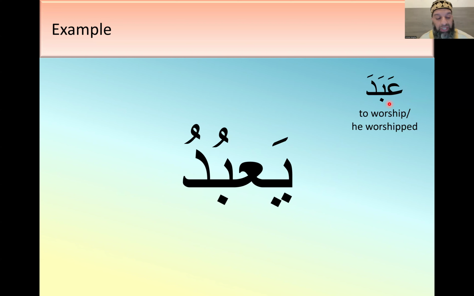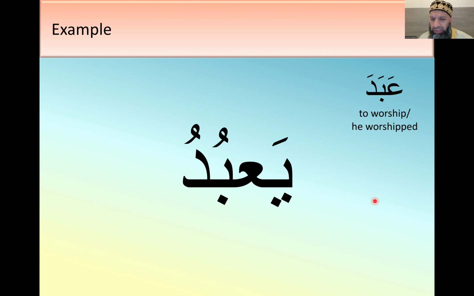Abada means to worship. That's where you get Abdullah from. Abdullah means worshipper of Allah, slave of Allah. So what does ya'budu mean? Abada, ya'budu means, good, he worships. A prefix.